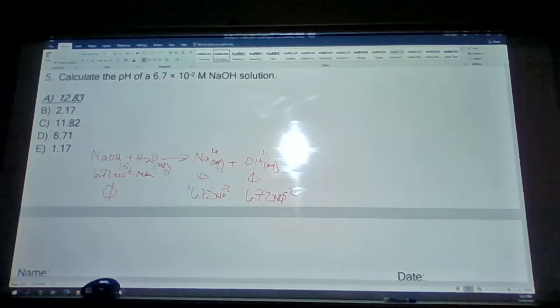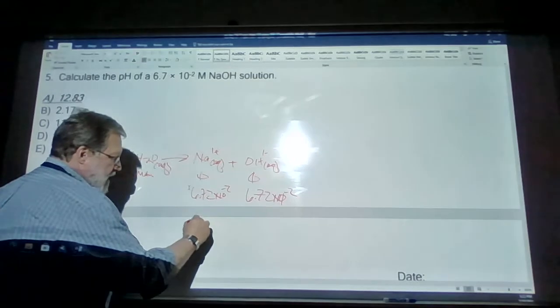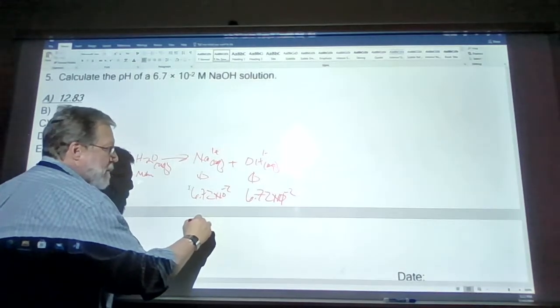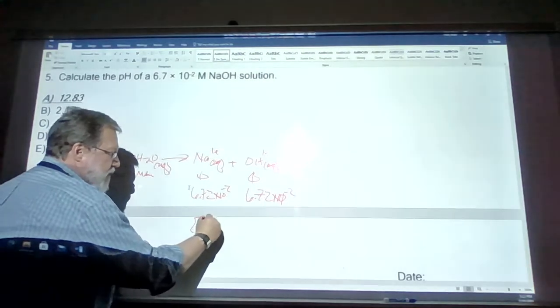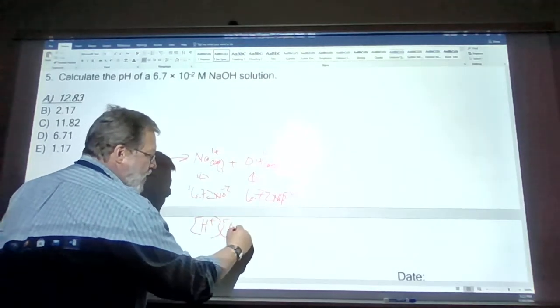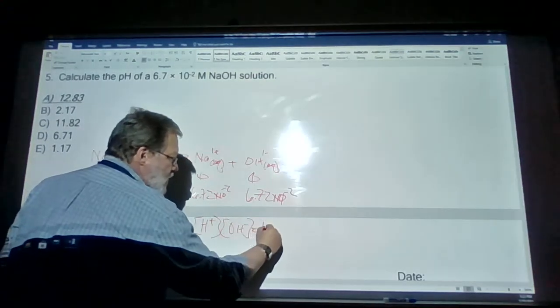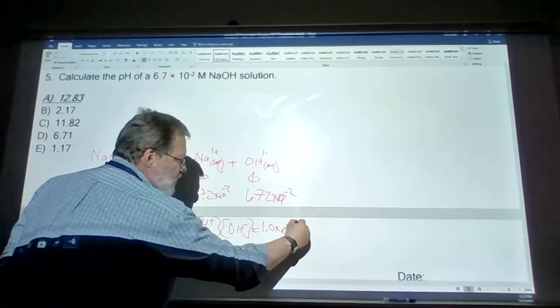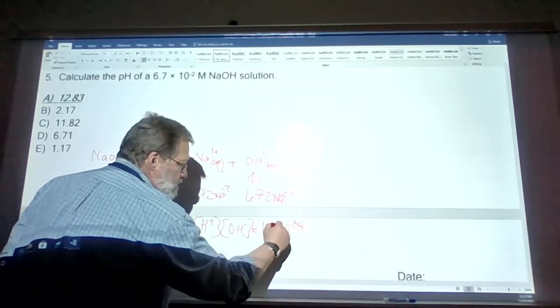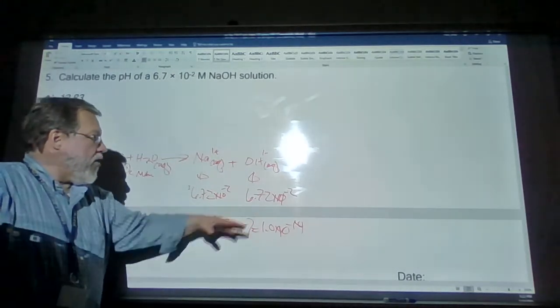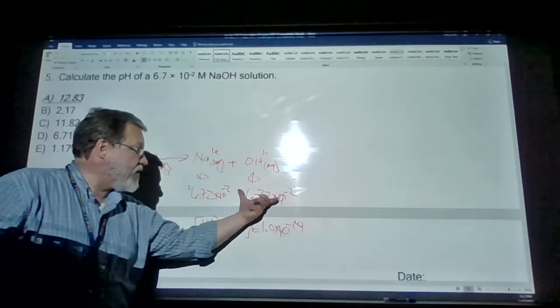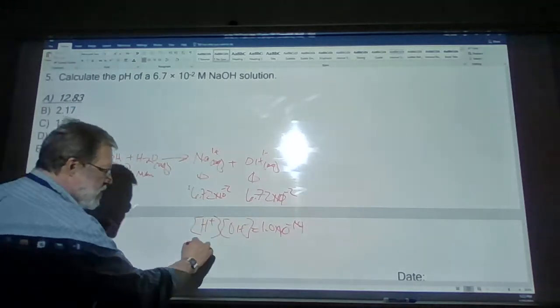Two ways we can work this. We can say H plus times OH minus is equal to 1.0 times 10 to the minus 14th. Our OH minus concentration is 6.7 times 10 to the minus 2.